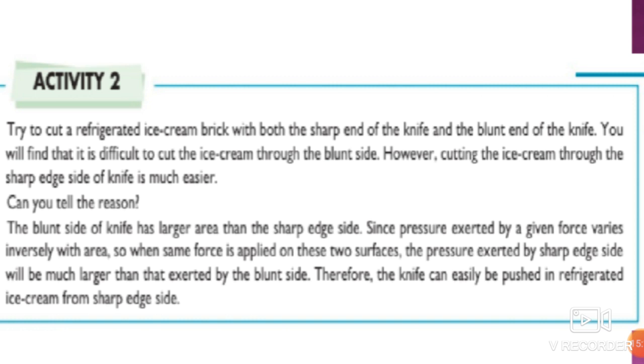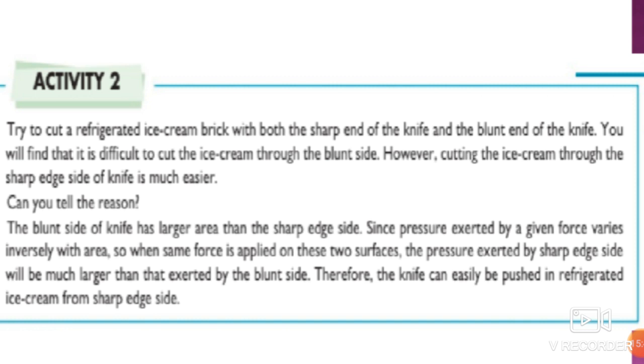Just like in the case of vegetables, whenever you cut any vegetable or fruit with the sharp end, it is really easily cut by that sharp side. But whenever you cut a fruit or vegetable with the blunt end of the knife, it is really difficult to cut.